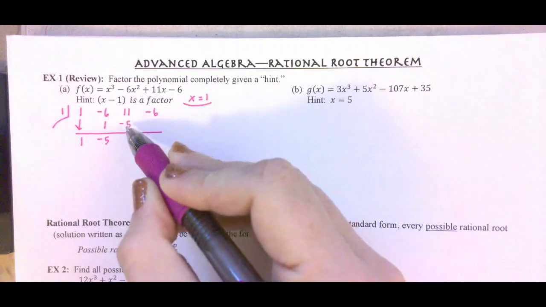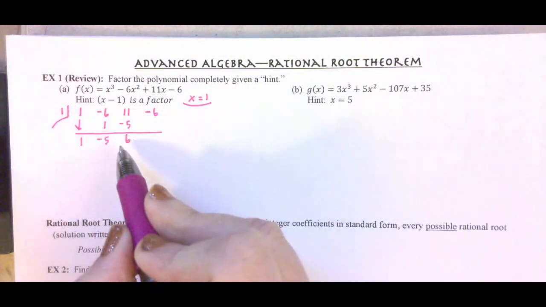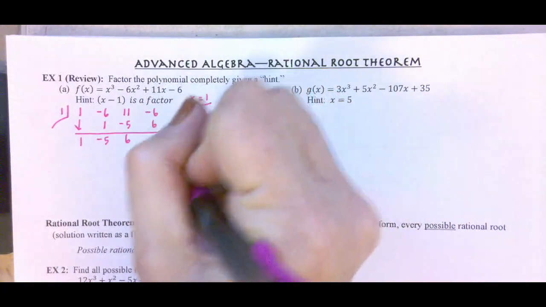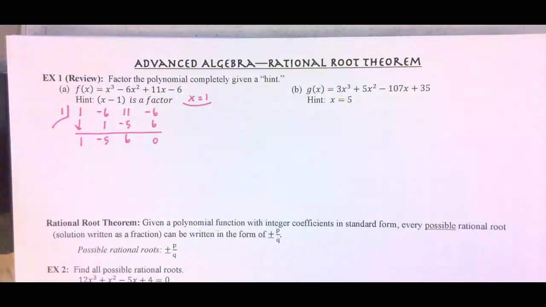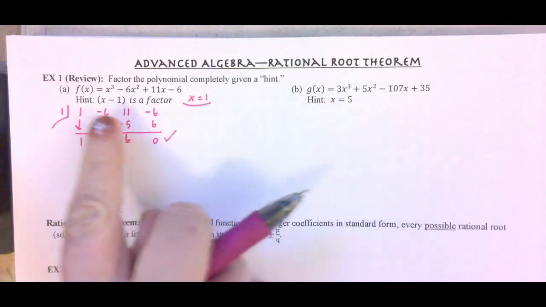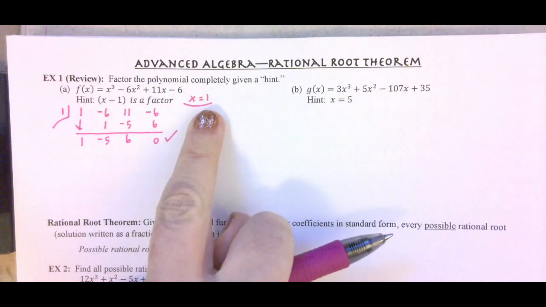Okay, 11 minus 5 is 6. Multiply that 1 and 6. Gets me 6 here. When we add down, we get 0. So remainder of 0, perfect. That confirms that x minus 1 is a factor, and that I would have an x-intercept on my graph of (1, 0), right? I have a solution at x equals 1.